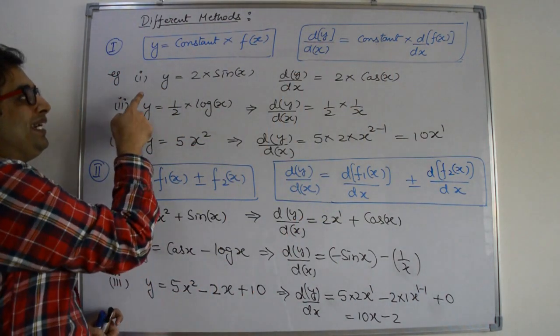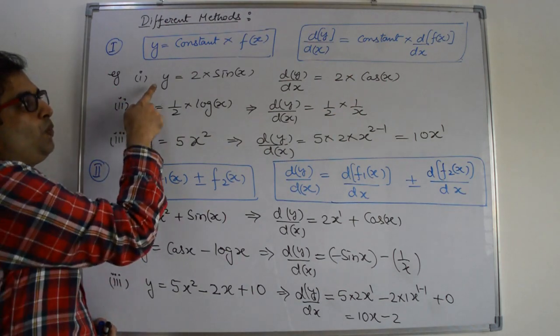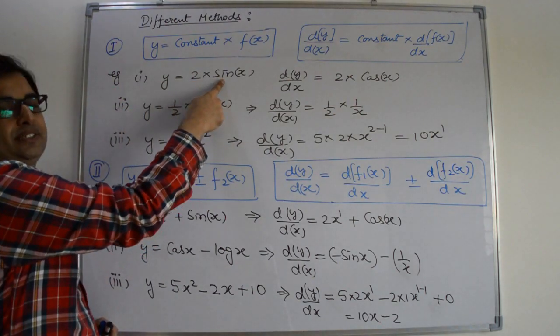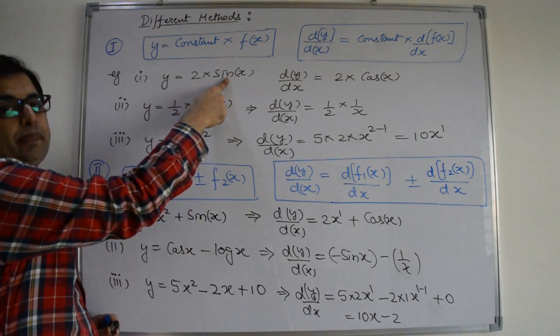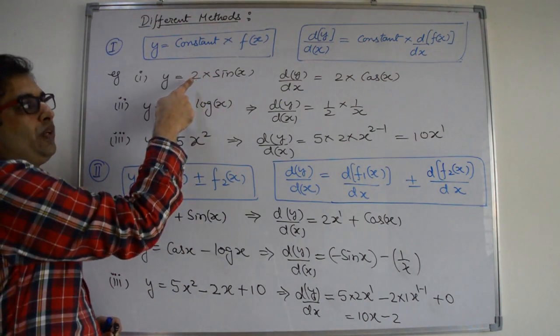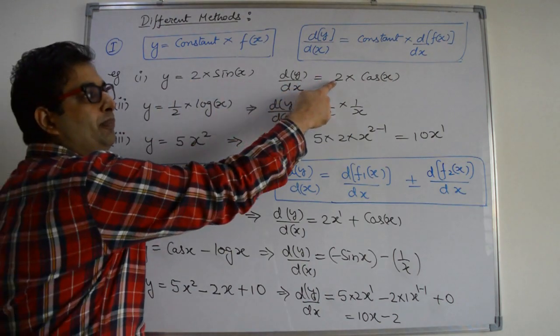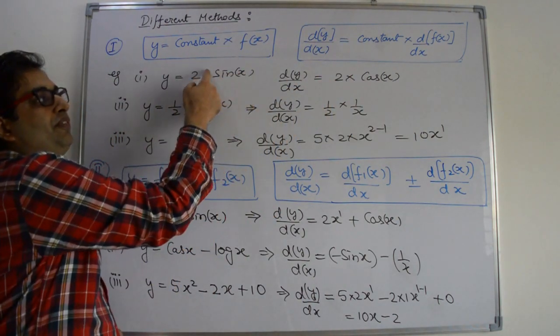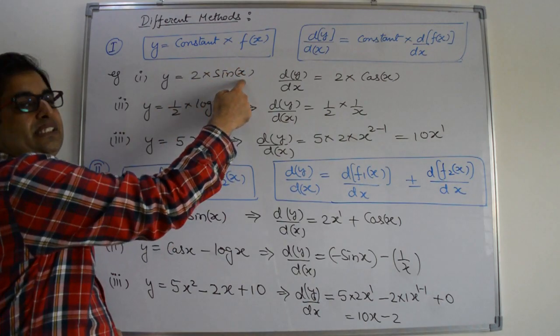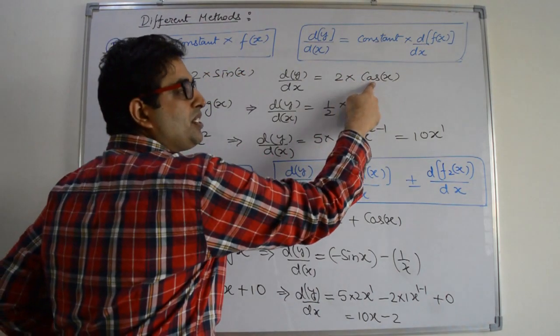Right? Let us take first example. Y equal to 2 sin x. 2 is a constant. Sin x is an x dependent function. So what we will do? 2 will remain in multiplication. We will not change 2. Only we have to differentiate sin x. Sin x differentiation is cos x.